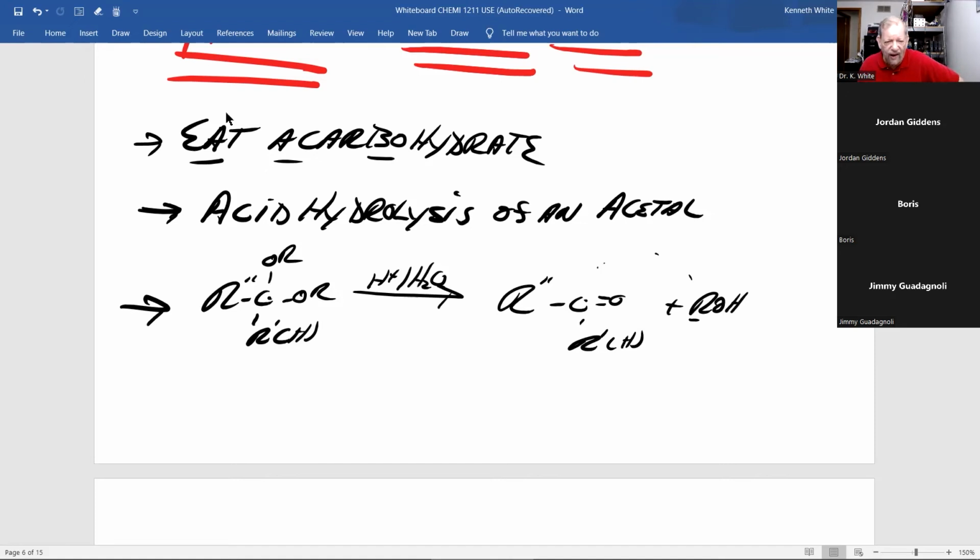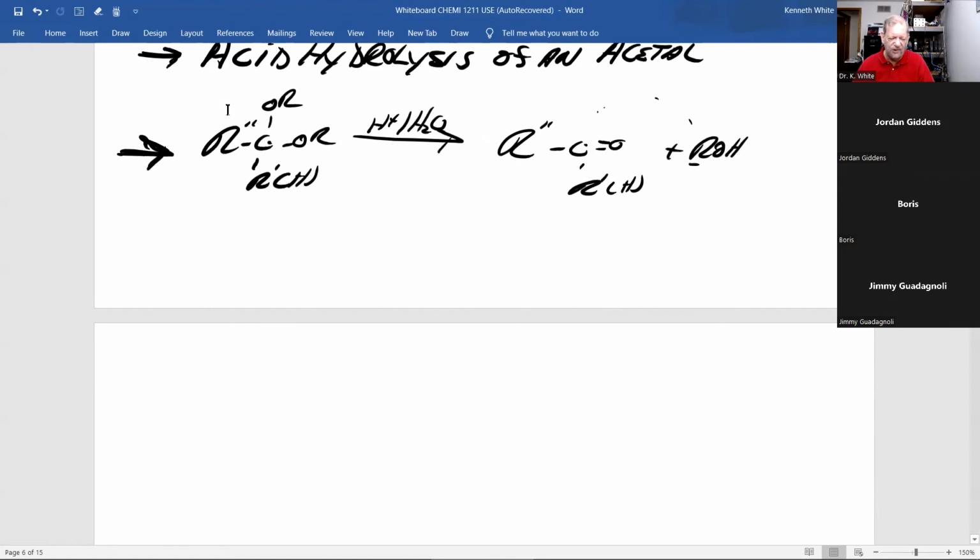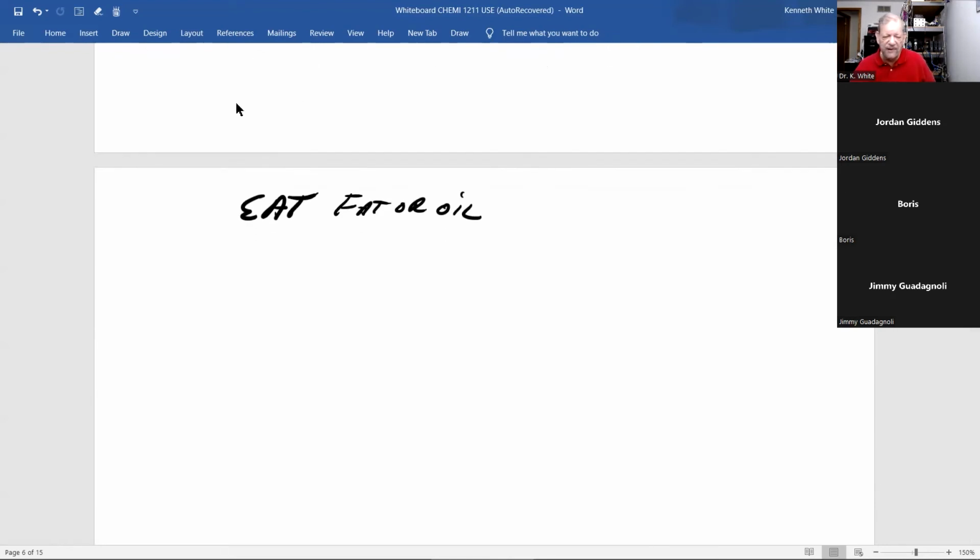If I ask, describe with words and a general reaction, what happens in your stomach when you eat a carbohydrate, it's acid hydrolysis of an acetal. That's the functional group holding glucose together, and you should be able to write this general reaction. Earlier in the week, I talked about how, when you eat a fat or oil, you should describe what is happening in your stomach with words and a general reaction.